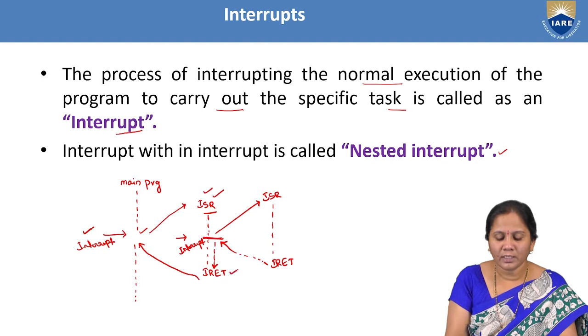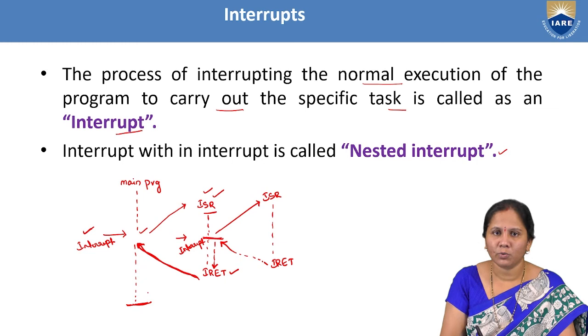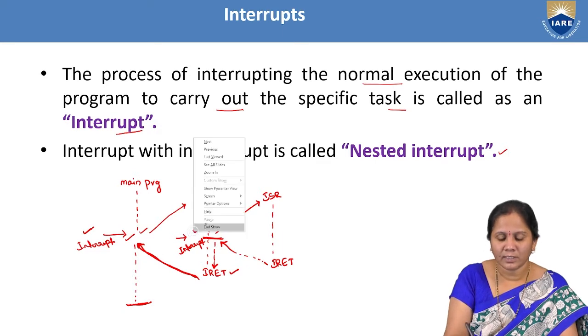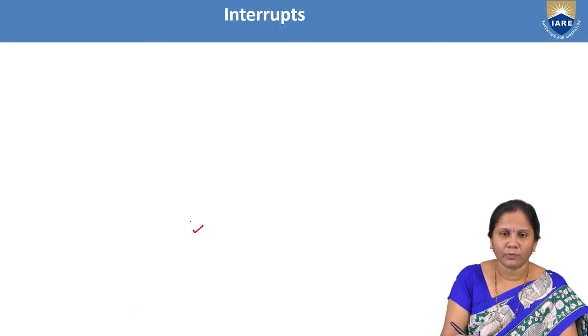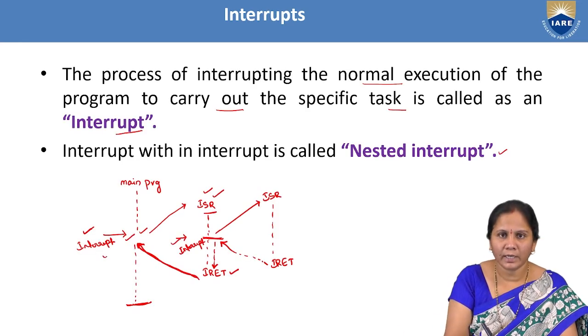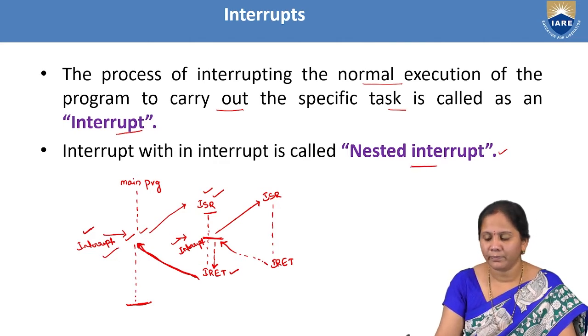When the IRET instruction is seen again by the processor during the interrupt service routine, the control goes back to the main program, and it executes the main program until the last instruction is executed. So here, an interrupt has been generated in the ISR also. In this case, we call it an interrupt within an interrupt. This case is called a nested interrupt.